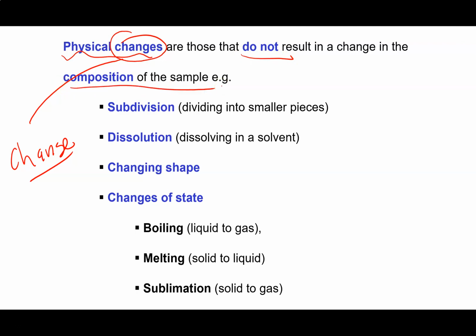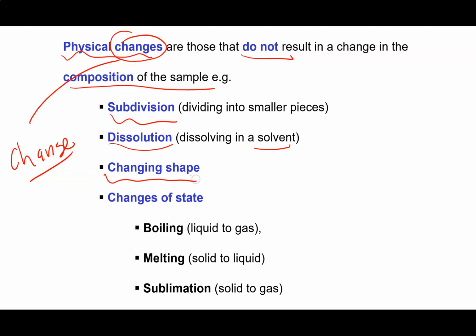There's a few typical examples of this. One is subdivision, dividing something into smaller pieces. Another is dissolution, which is where we just dissolve something in a solvent. All we're doing here is dispersing our sample throughout that solvent. We're not actually making or breaking any chemical bonds there.